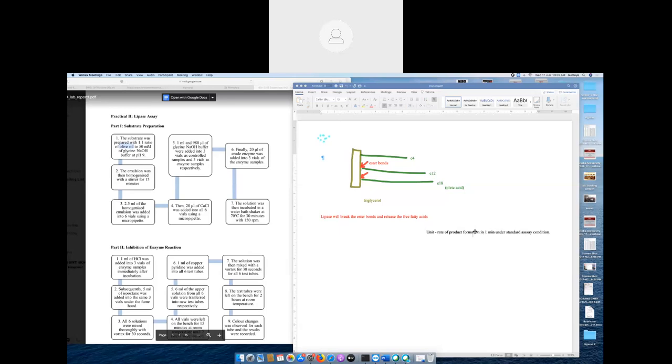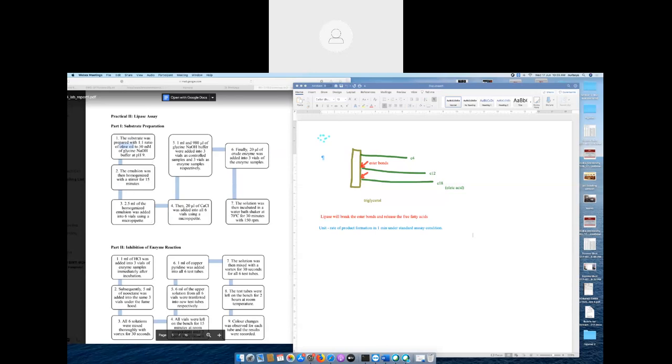What is our standard assay condition? We use olive oil as a substrate. We use 15 millimolar glycine NaOH with pH 9, and we mix olive oil with the buffer to prepare the emulsion.